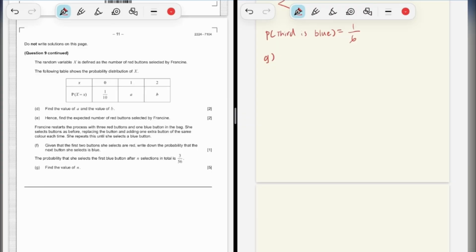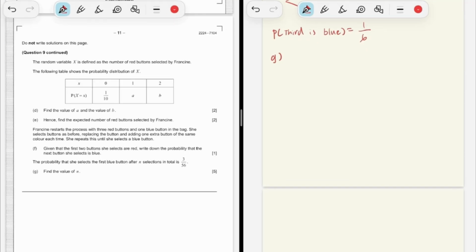Moving on to G. So for G, we would need to find the number of red selected first. If we were to look at the pattern, in the first selection it would be 3/4 for red, and then 4/5 for red, and then 5/6. And so we could see a trend where these numbers simply cancel out because they're numerators and then denominators.